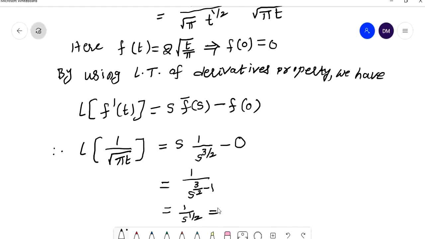So this is equal to 1 by root s, since s power 1 by 2 is nothing but root s. So this is the solution of the second problem, right? Now, with this the Laplace transform of derivatives property is completed, right? Okay.